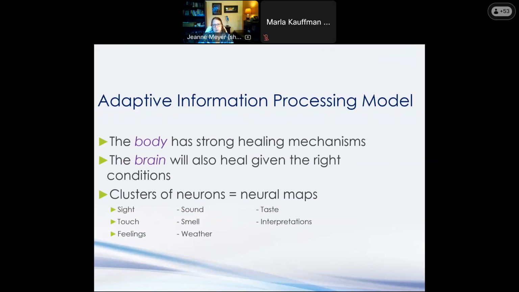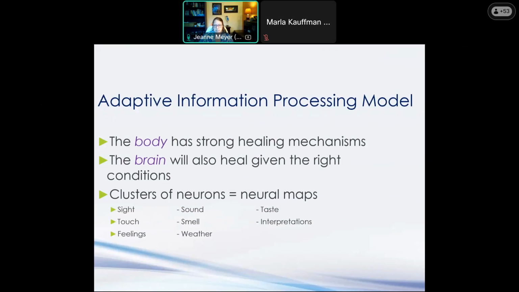If we need to go to a doctor for stitches or something like that, the medical professionals are not healing the body. They're setting up the conditions so that the body can heal itself. So they may clean out the wound, they may put stitches in there, they probably put antibiotic on there and bandage it up, and then we expect that the body is going to heal the wound.